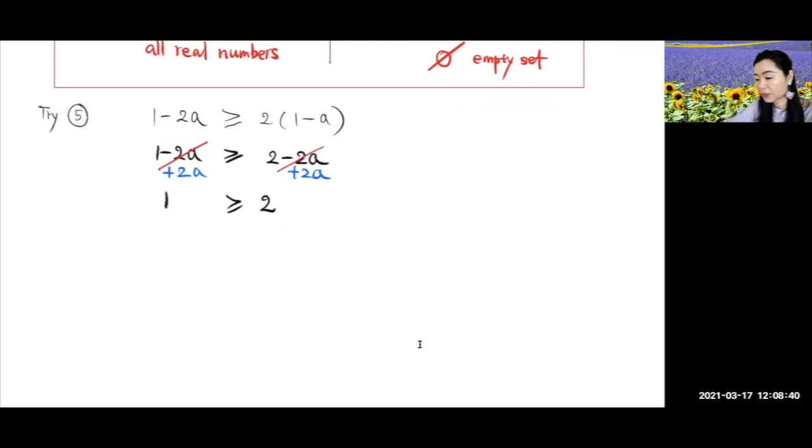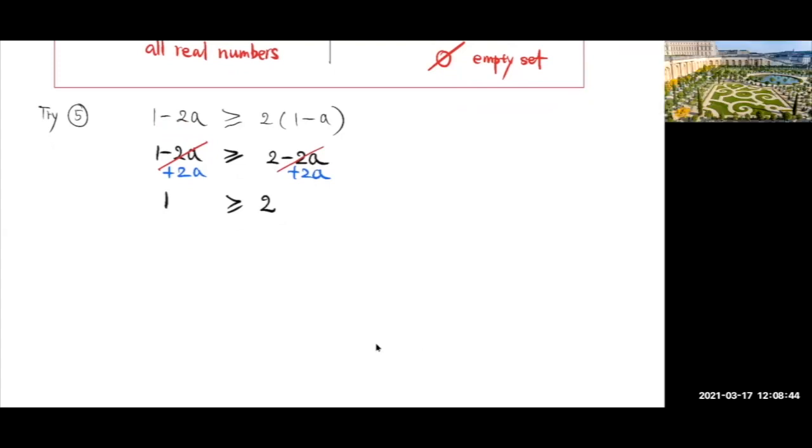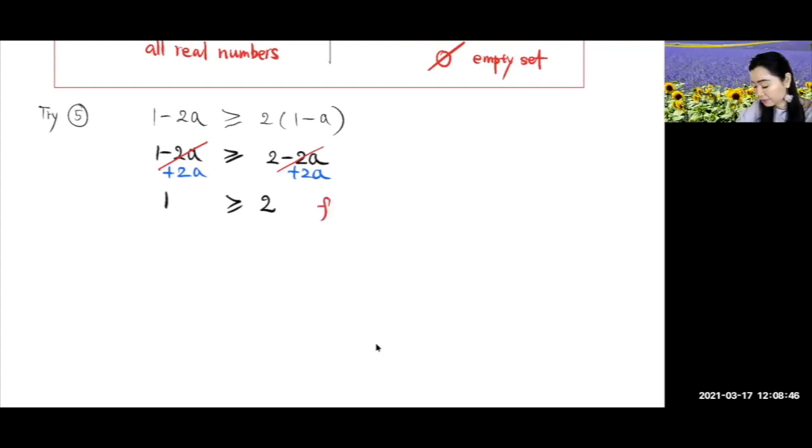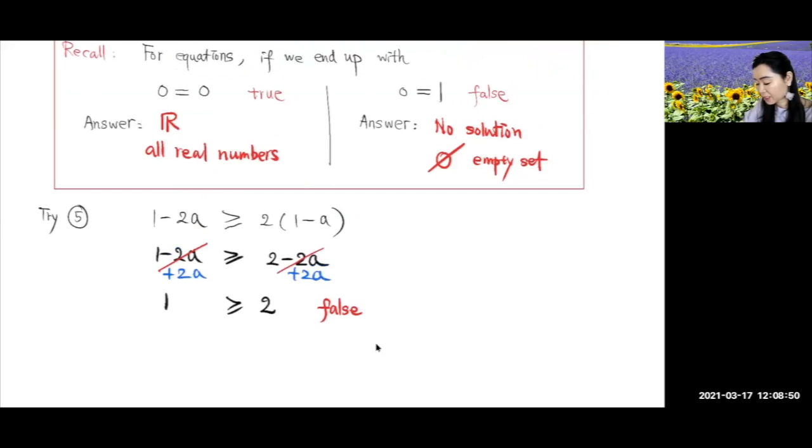Is 1 greater than or equal to 2? True or false? False. So I end up with a false inequality. Just like when you end up with a false equation, the answer will be no solution, or you can write down the solution set to be the empty set. You can understand now? Okay, good.